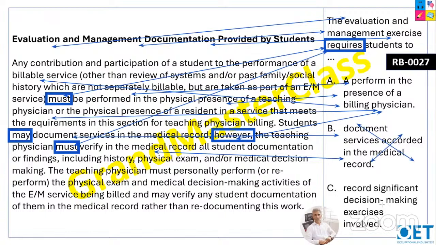Record significant decision-making exercises involved. Yeah, they can record. The teaching physician must personally perform or re-perform the physical exam and medical decision-making activities. See this must. So the students cannot record. The teaching physician must personally perform.